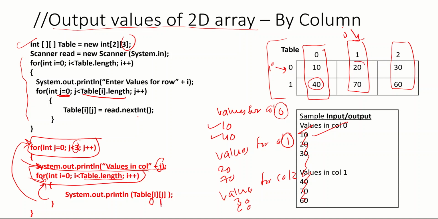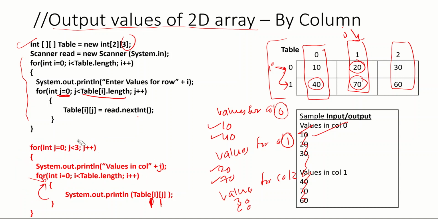So 0 and 1, which is 20. Then go back and change the value of I, so I moves to the second row. Then we output the element at 1 and 1, which is 70. And this is done with the second column as well.